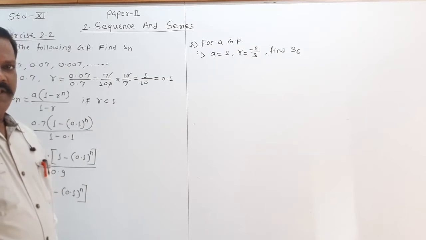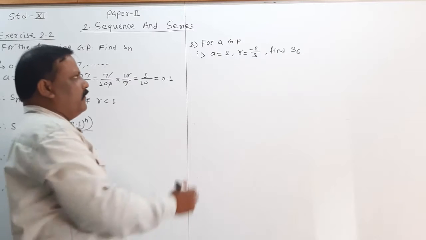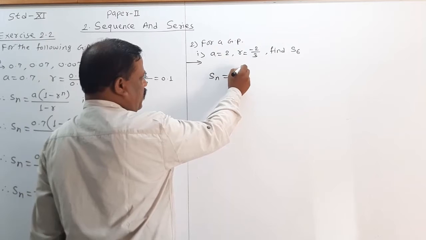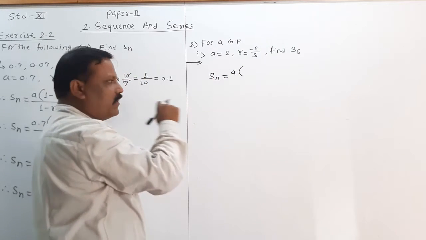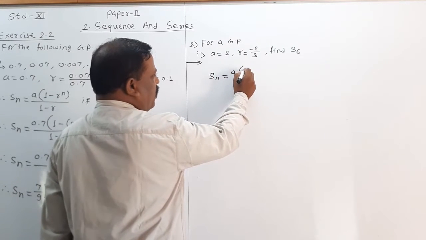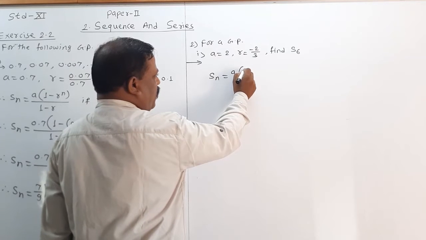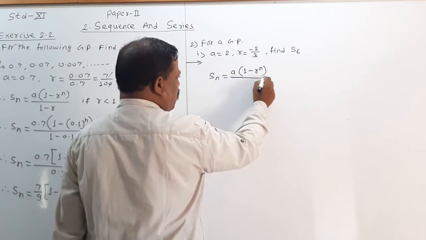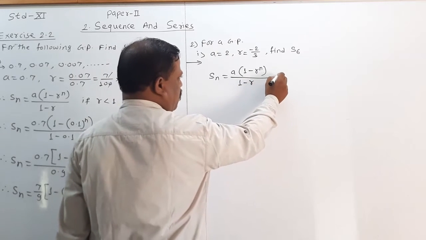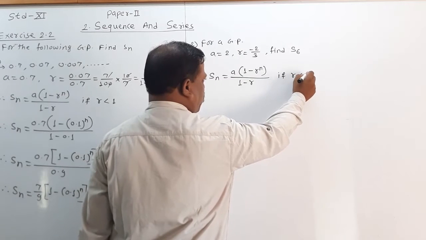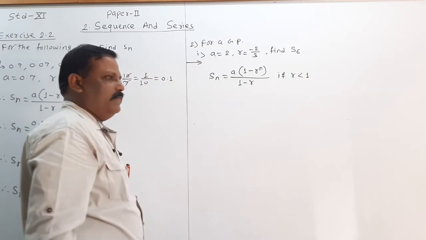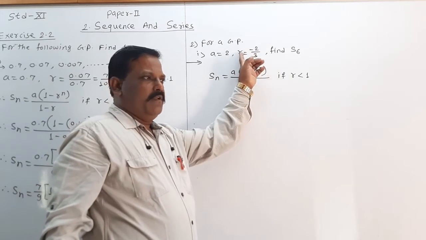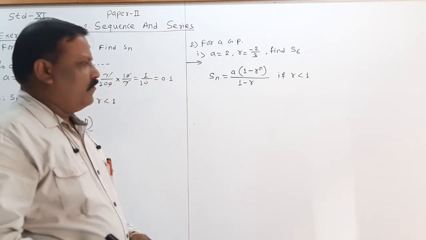Which formula is applicable? Sn is equal to A into the bracket 1 minus r raised to n divided by 1 minus r, if r is less than 1. This number is less than 1, it is negative. So r is less than 1.